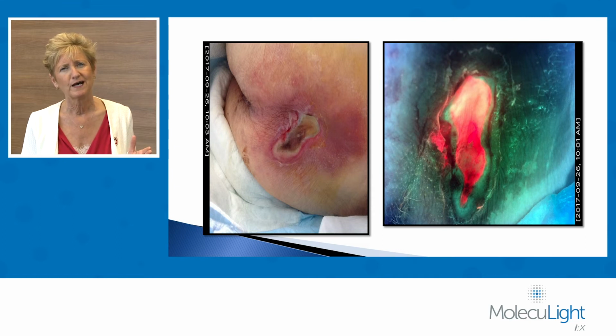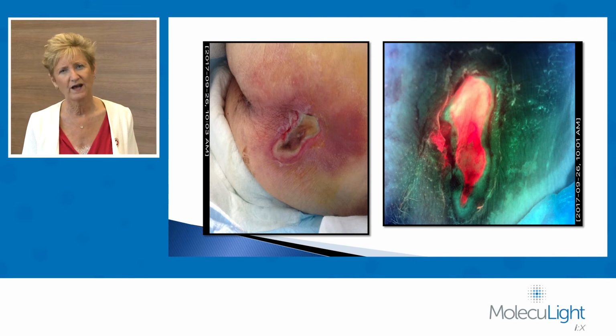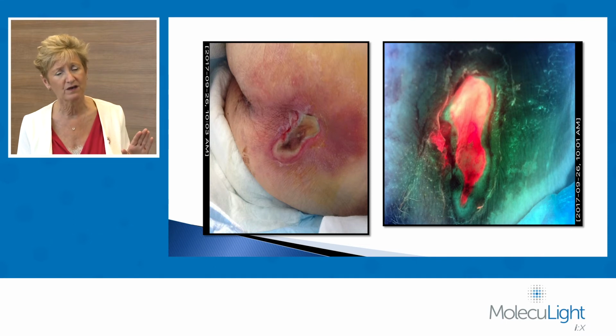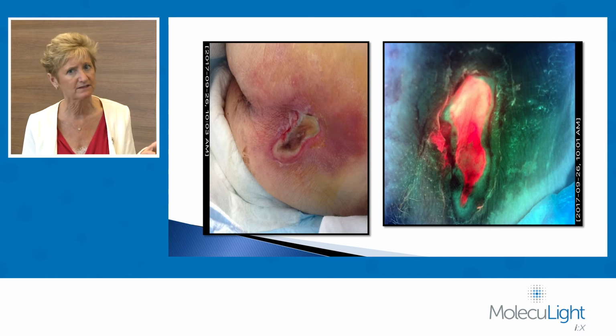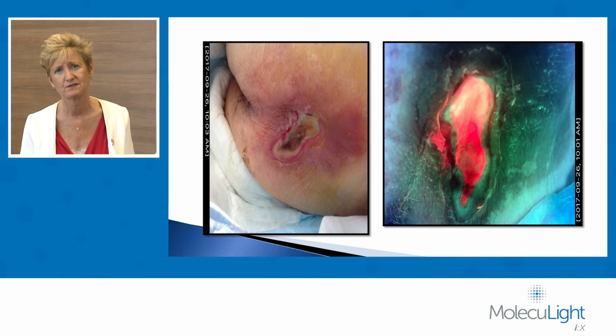And so once again, it was quite interesting when I looked at this yellow eschar area. However, you'll note there was some erythema. I said, I'm just going to go get the MolecuLight. Let's just take the light and shine the light and see what it's going to tell us. And of course, there was a real bright red fluorescence.